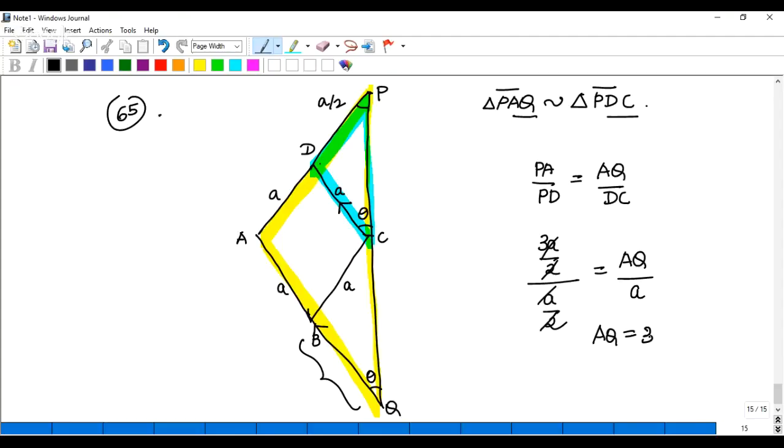AQ length is 3A, whereas AB is A. So the length of BQ is 2A because the total length is 3A. So BQ is to AB, it is simply 2 is to 1.